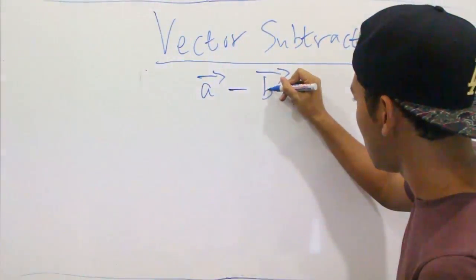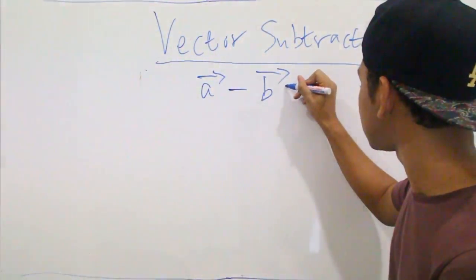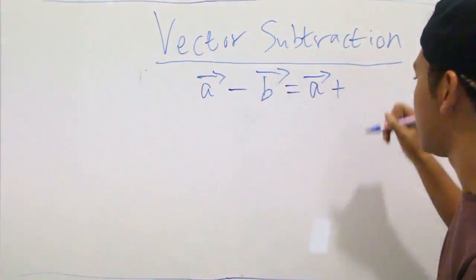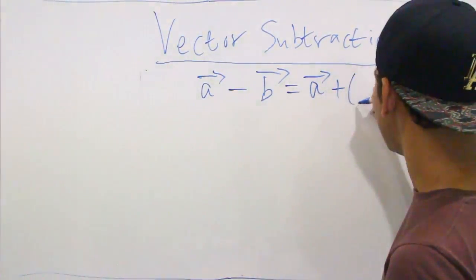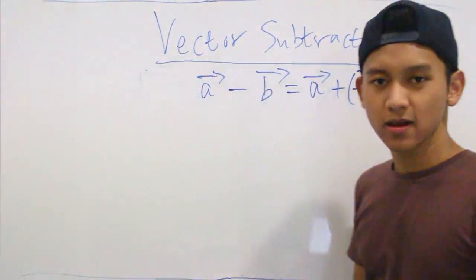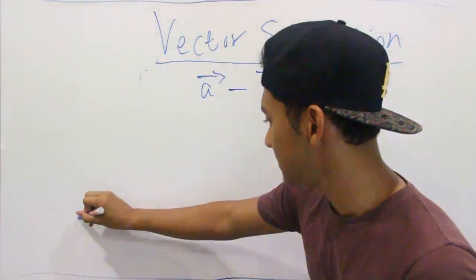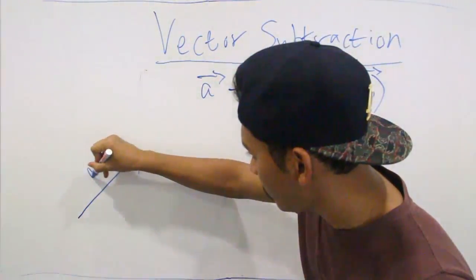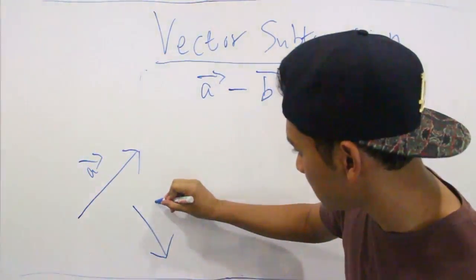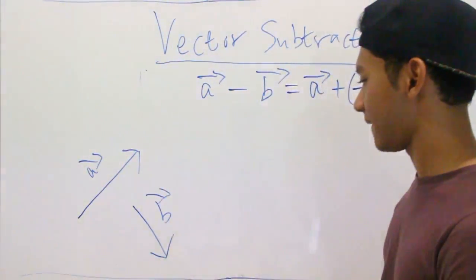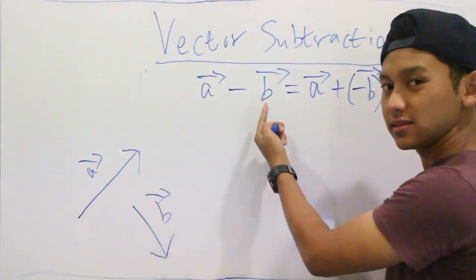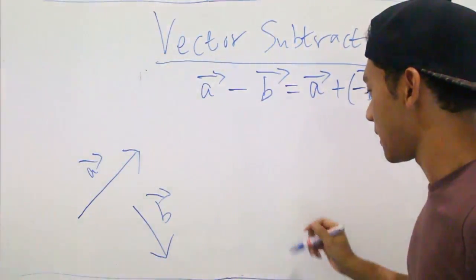In other words, I can rewrite this as the first vector plus the opposite of vector B. Let's say this is vector A and this is vector B. We want to do vector A minus vector B.